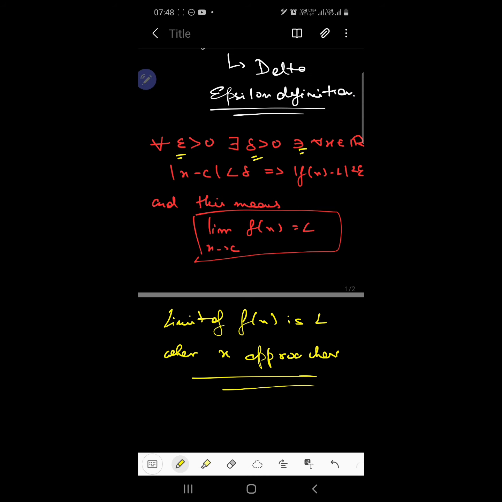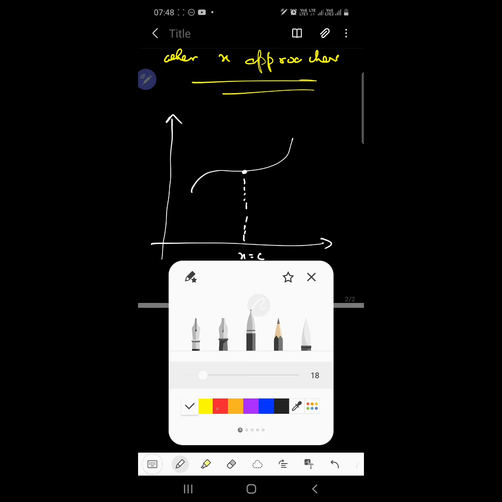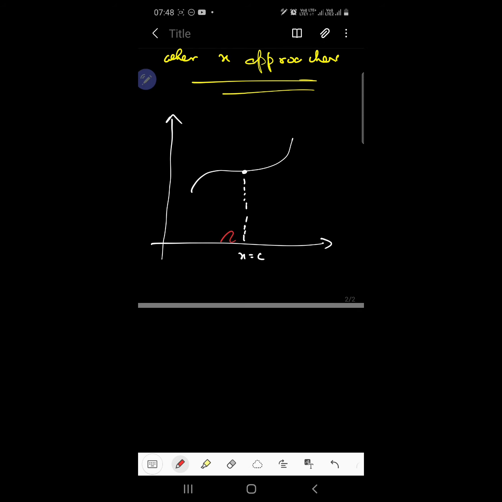So now, what is the graphical description of this particular statement? Suppose these are Cartesian coordinates, and say this is a curve. Suppose this is a point, x equals c, and this is c minus delta, this is c plus delta.